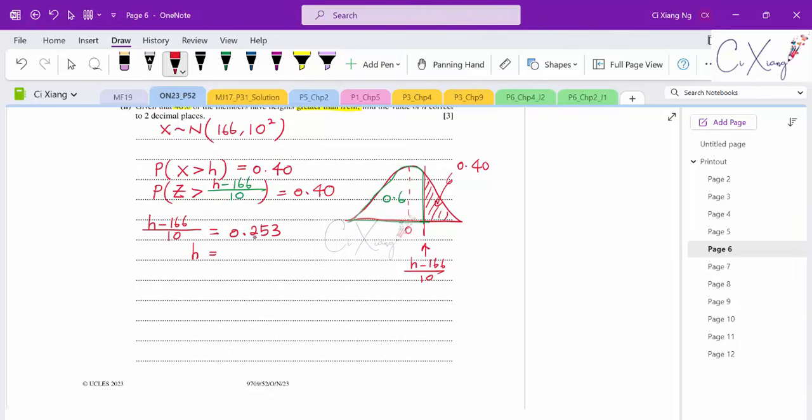They did mention that h should be in 2 decimal places. So by right, your h should be equal to 168.53. This is how we solve the part A question. Then let's proceed to part B question.